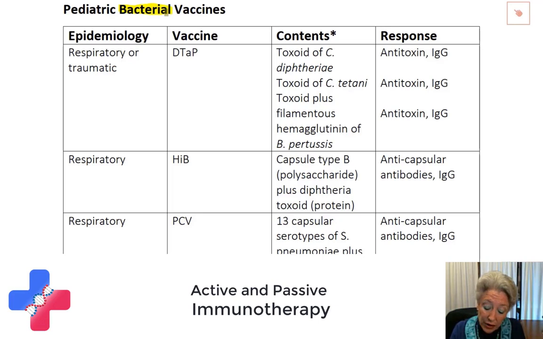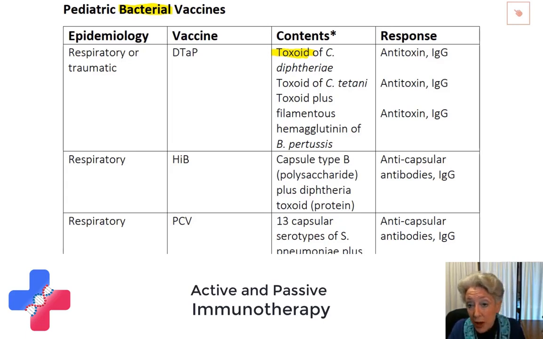They are either attempting to make an antibody against the toxin of the bacterium, and when I say toxoid, I'm simply referring to a toxin that has had its virulence inactivated. So a less harmful, but still a protein product of a bacterium.